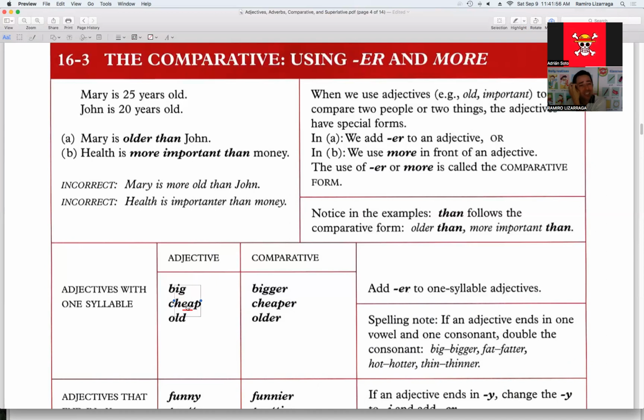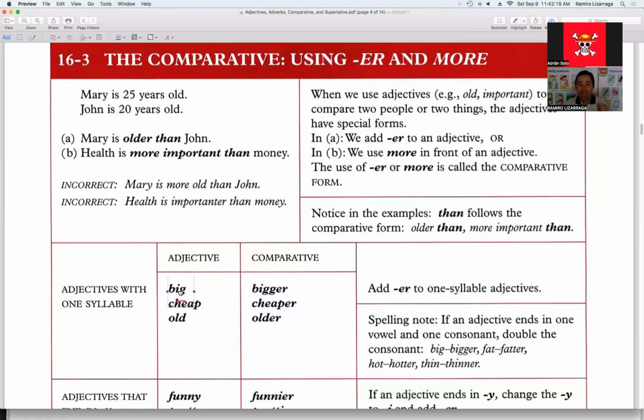Even though, take a look at cheap. Cheap has two vowels, E and A. But as a sound, it only has one syllable. Cheap, that is one syllable, okay?